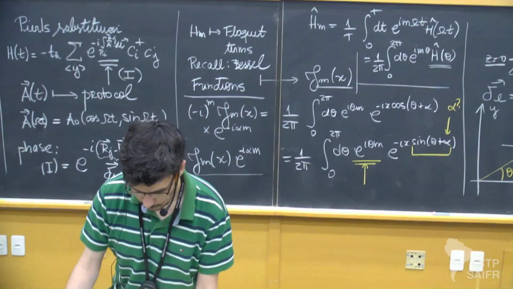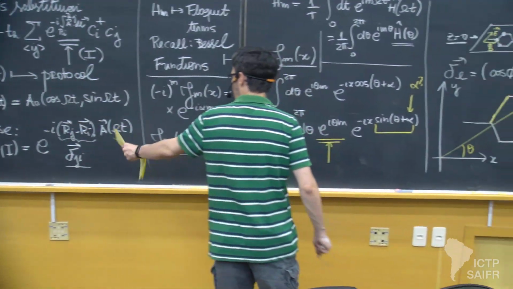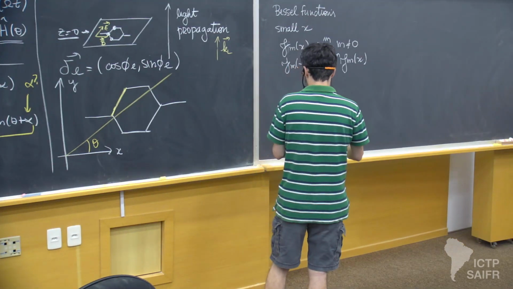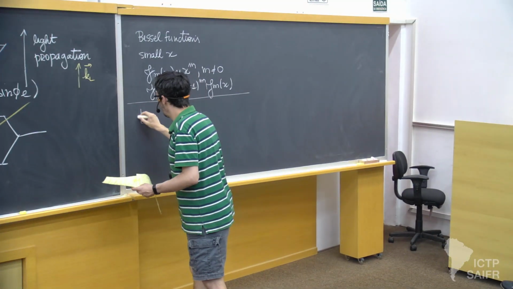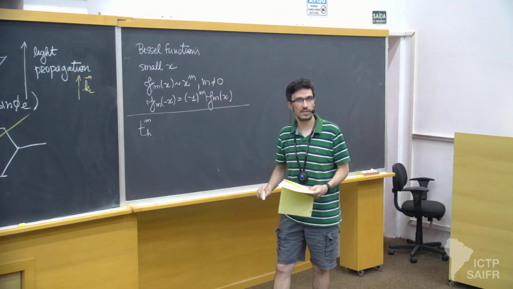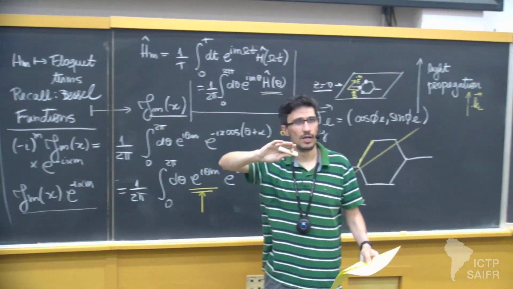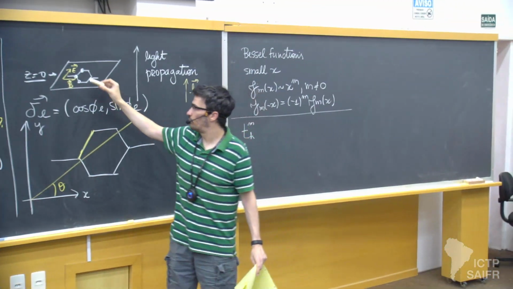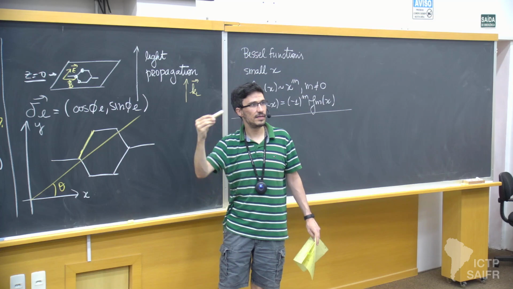So we can discuss a little bit about the physics. The result of this calculation that I just proposed is the following. We can find that there will be a hopping between different Floquet sectors now, obviously, because we are going to find HM, and HM will mean that you hop not only from one point of the lattice to the next point of the lattice, but as you hop, you also absorb or emit M photons.